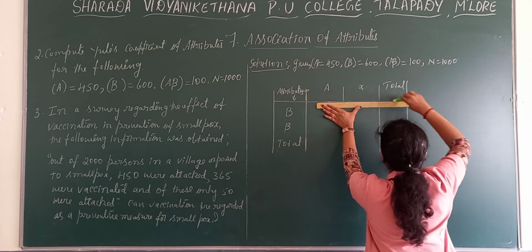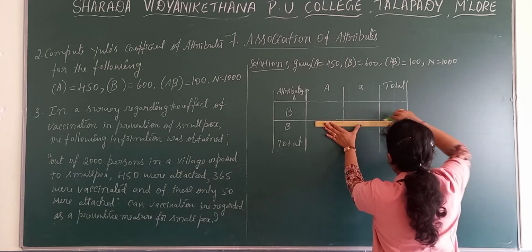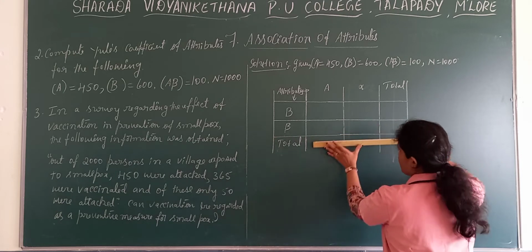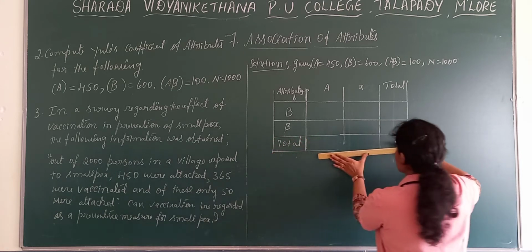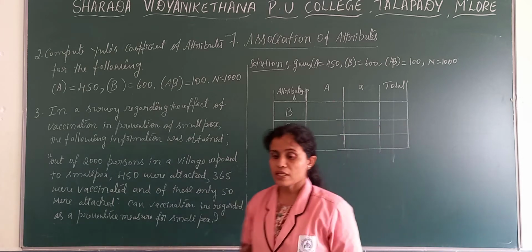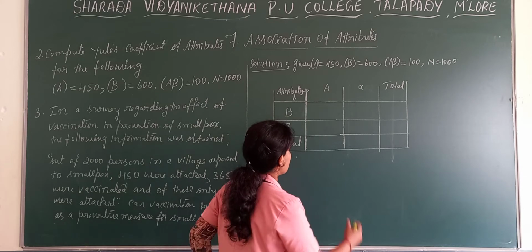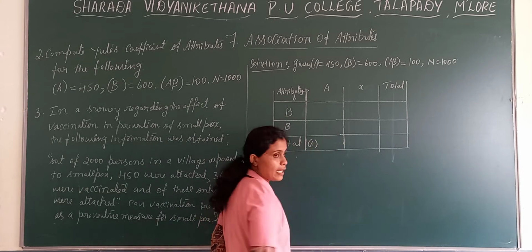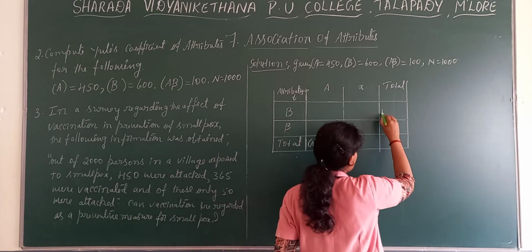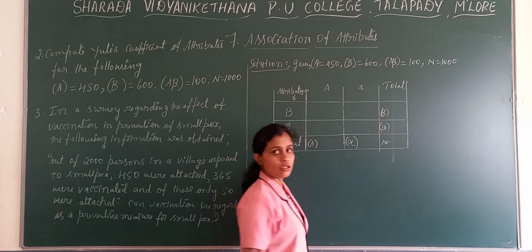Now see the given values, which values they have given, that we need to fill according to the table, and by deducting we need to find out the remaining values of the table. Sometimes they will give the total value, sometimes they will mention the class frequencies. Here this total we write as A, and here we mention the total of alpha, then this side B, the second attribute, and beta, and here it is the grand total.